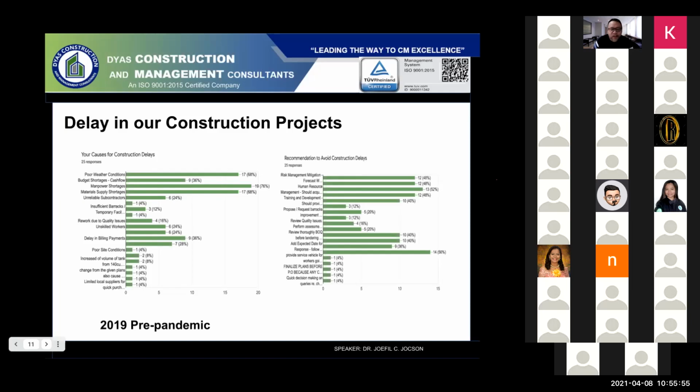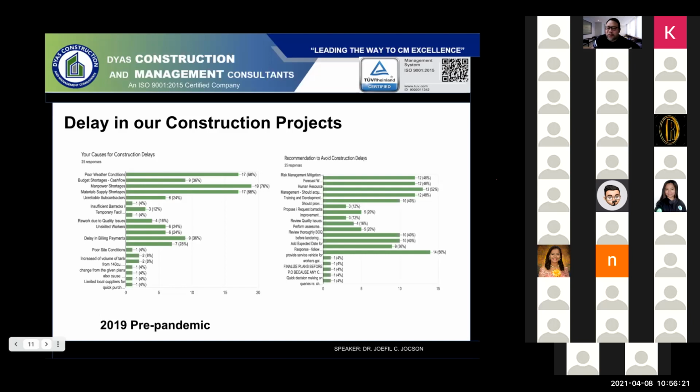Okay? So sinabi naman natin dito sa questions natin kanina, sa Slido, maraming sumagot sa manpower shortage. So that is represented by 76%, no? Or 19 of our respondents out of 26 tells us na manpower shortage talaga ang problema noon, no? So wala pang pandemic, problema na si manpower, no?